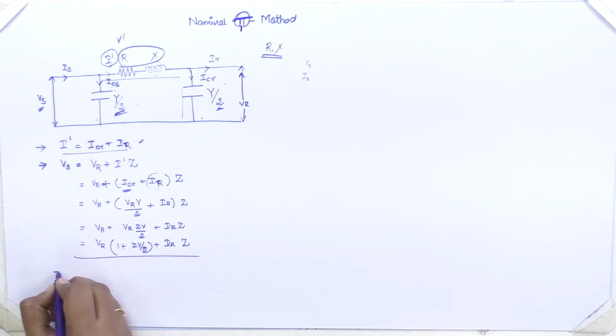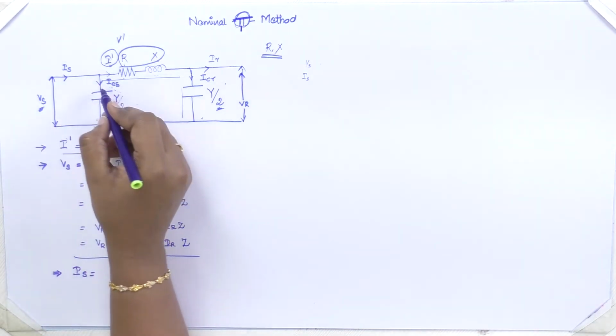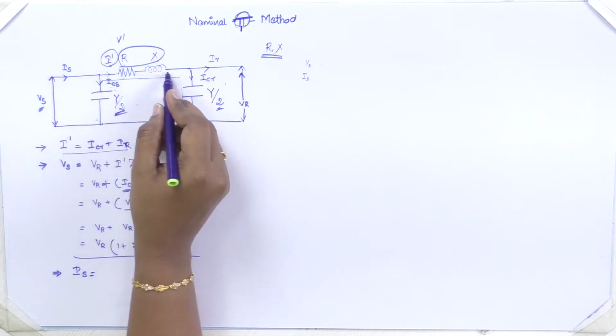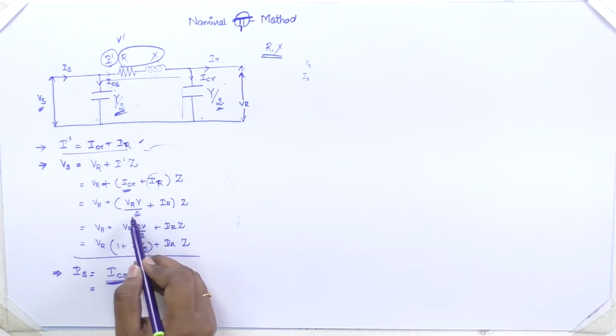The next is I want to find IS. So what is IS? IS is equal to ICS plus I dash. I already know what is I dash, right? We will substitute for ICS also. For ICR we have substituted VR Y by 2.